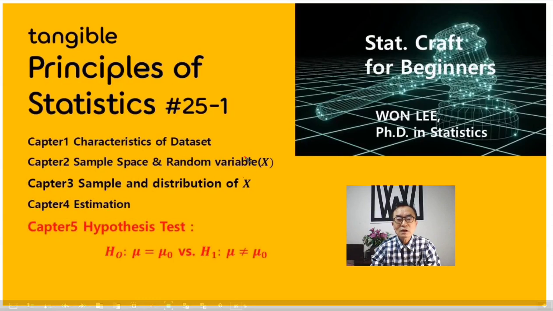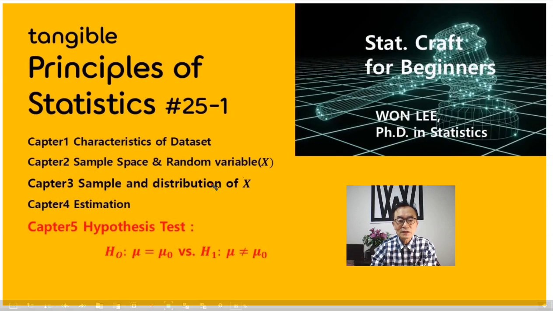There are three topics: first, null hypothesis H0 and alternative hypothesis H1. Secondly, there exists only one test statistic and rejection region of H0. And third, there is the significance level, say alpha.